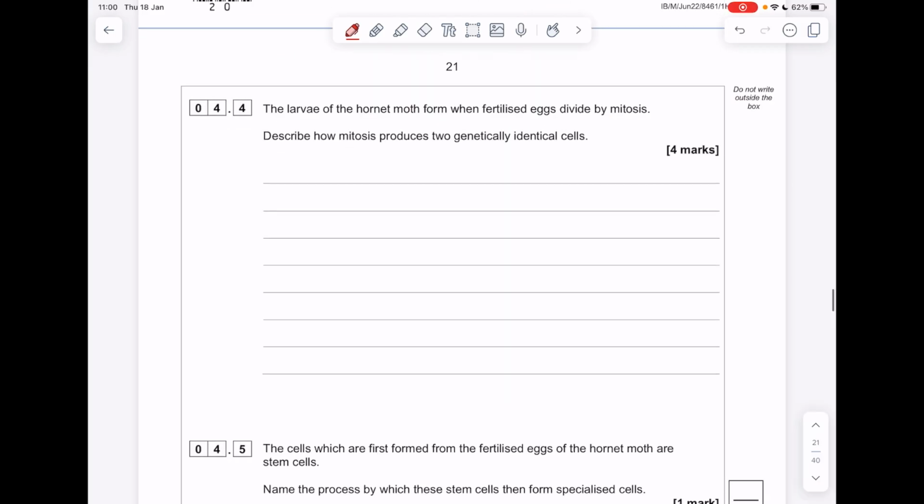The larvae of the hornet moth form when fertilized eggs divide by mitosis. Describe how mitosis produces 2 genetically identical cells. You're going to need quite an in-depth answer here, so it's all the stages of mitosis. The first stage is that the chromosomes are copied, and that's so that the new cell has its own genetic material.